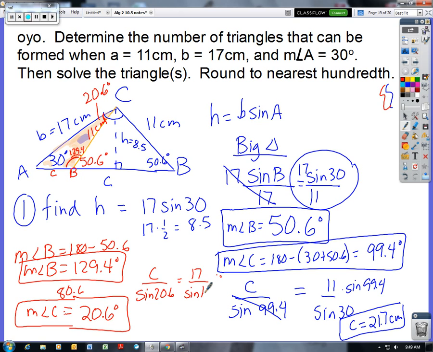Let's see if I get a better result this time. 17 times the sine of 20.6, enter, divided by the sine of 129.4 equals. That's better. c is 7.74, or 7.7 if you round to the nearest tenth, and that's in centimeters.